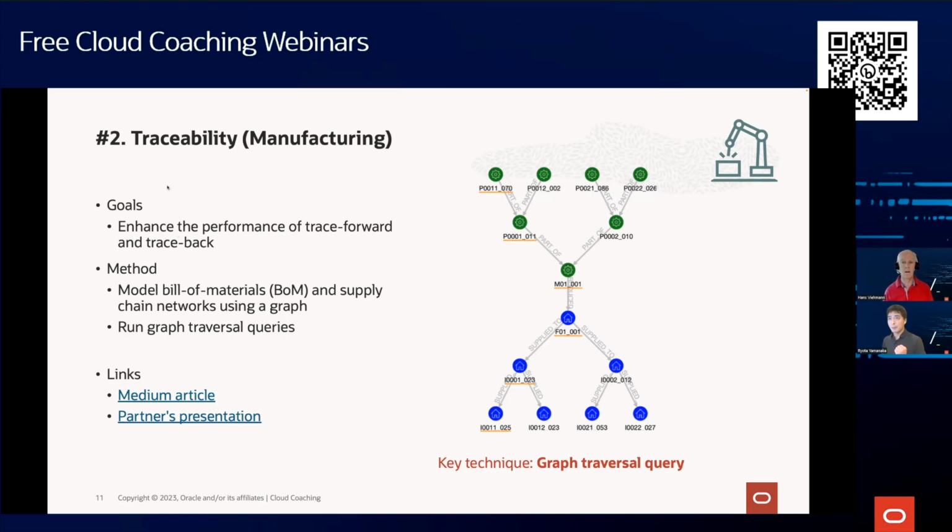So the second, this is also a very popular use case of graph database, traceability search in manufacturing. The goal is to enhance the performance of trace forward and trace back queries against the complex data in manufacturing. They typically model bill of material data sets and supply chain networks using a graph.